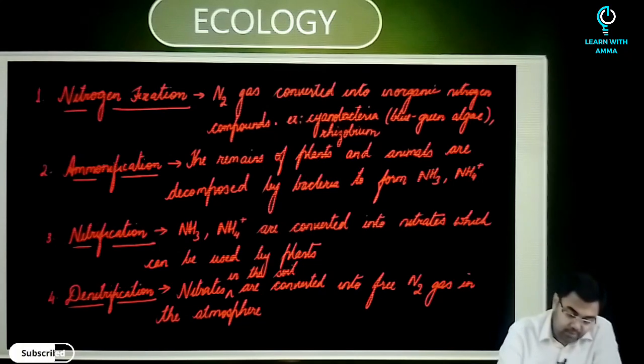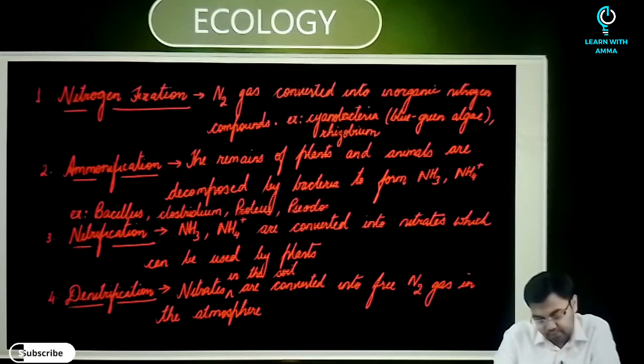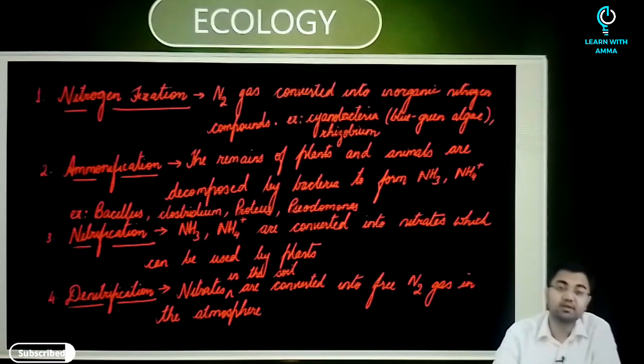Next, as examples of ammonifying bacteria, you can take Bacillus, then Clostridium, then Proteus and Pseudomonas. So these examples you can quote if you want to know about ammonifying bacteria.